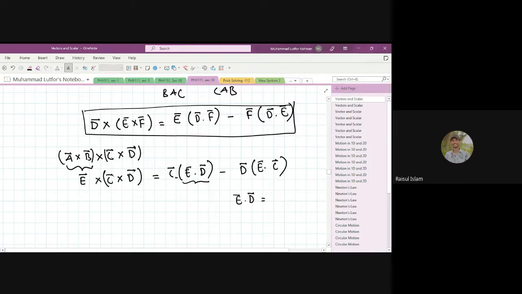A scalar, say a number. I got the 3, right? So if I multiply 3 with C, will that be a scalar or a vector? That will be a vector, I guess. Definitely a vector, you're multiplying a vector with a scalar quantity. And minus, say 2D, will that be a vector or a scalar? Vector. Then the left hand side is also a vector. Okay, sir, I got it.